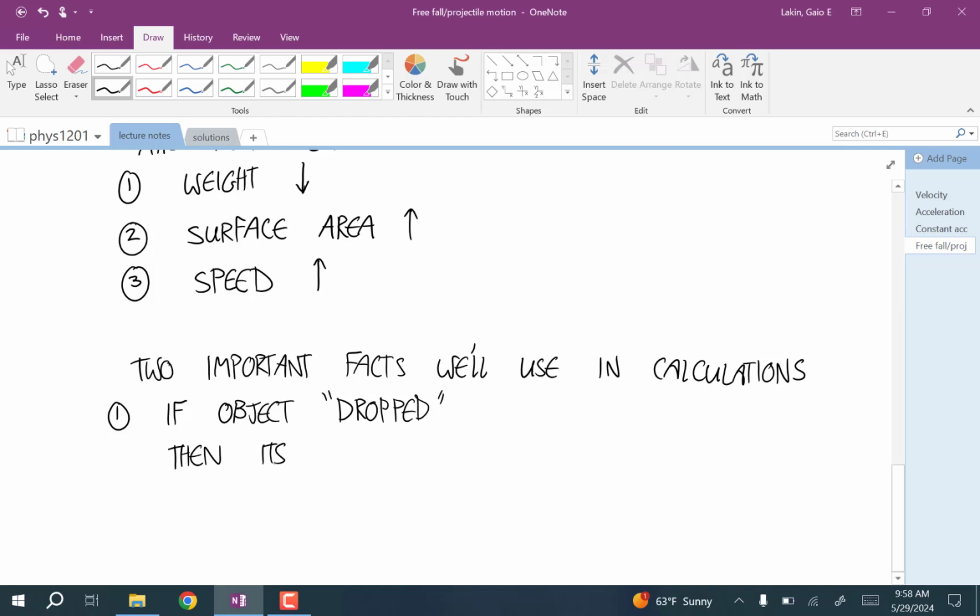Once we start doing stuff in 2 dimensions, that'll be true for a car or an airplane or a helicopter too. But if an object is dropped, then its starting velocity is the same as what it's dropped from.